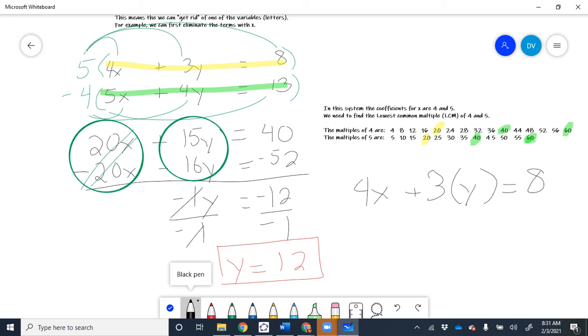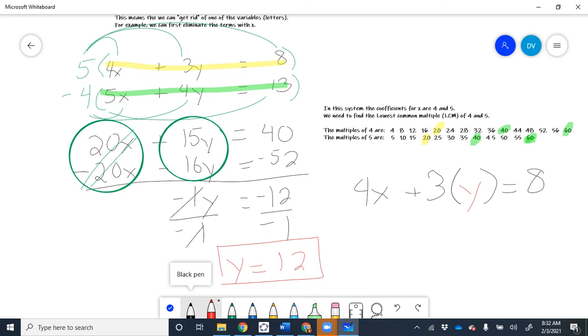We just said a second ago that y is the same as 12, or it's equal to 12. That means whenever we see a y, we can replace it with 12. I like to say erase and replace. We're going to erase that red y and replace it with a 12.